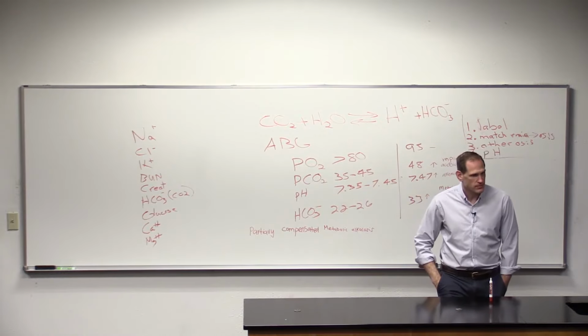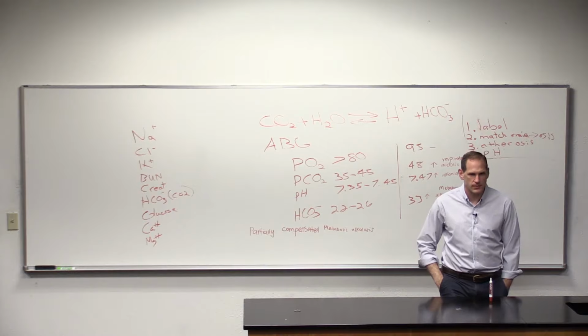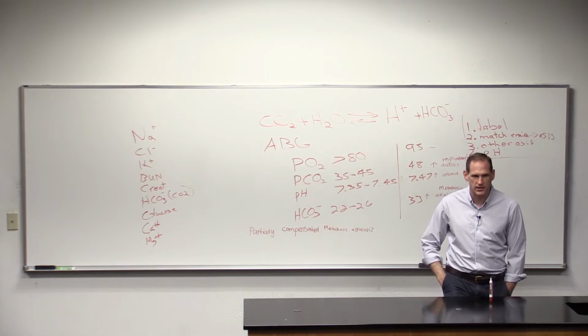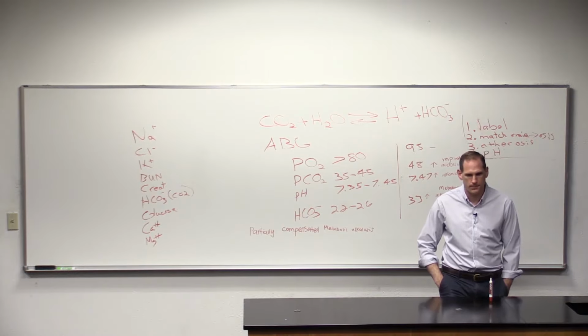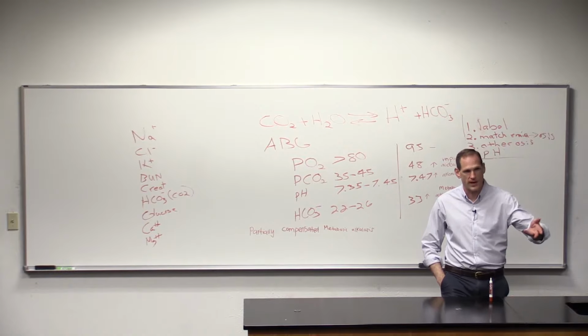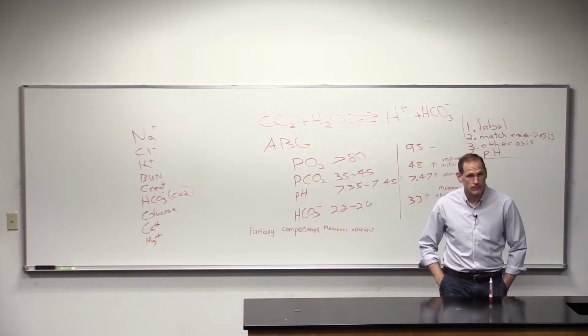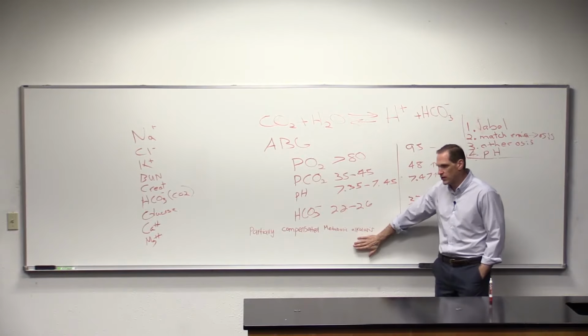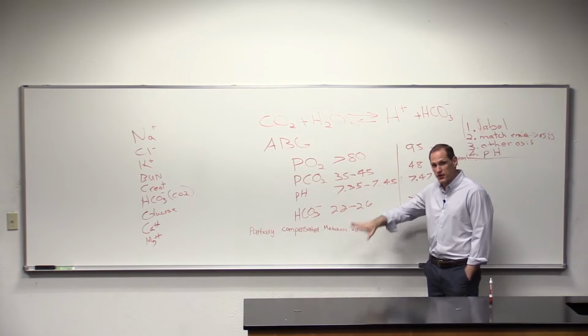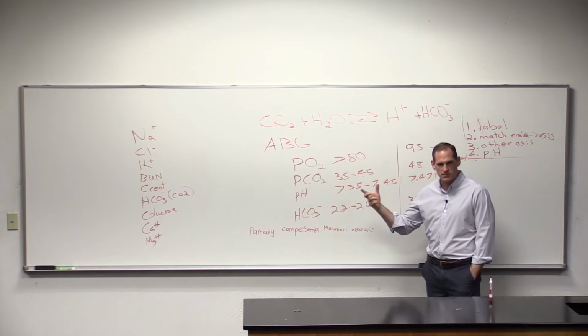Not always. Vomiting is weird. It can go either direction, acidotic or alkalotic. It just depends whether you're losing more bicarb than hydrochloric acid. But when you see this metabolic alkalosis, one of the first things you should think is, could this patient be vomiting? Does that make sense?